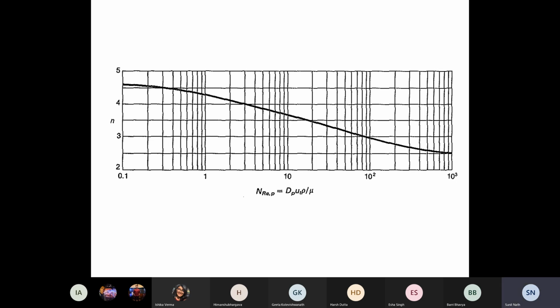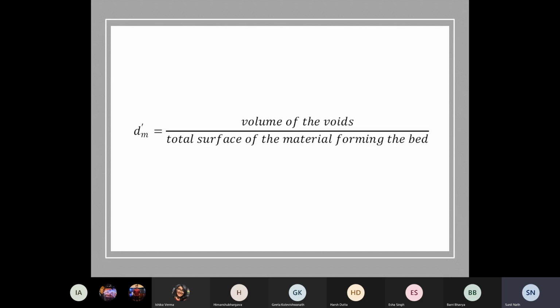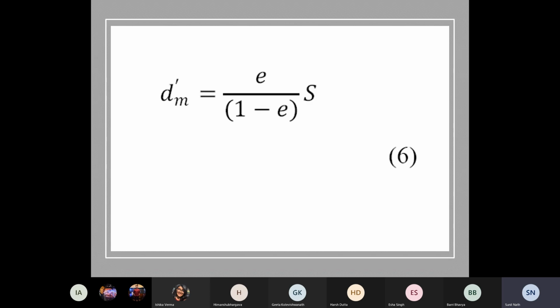So this is what we defined. And if S was the specific surface area of the particles in meters squared per meter cubed for all the particles in the packed bed, then dm prime was related to voidage and the specific surface area by equation 6.